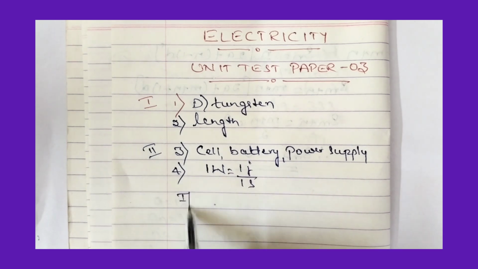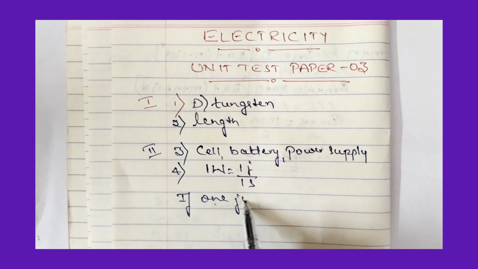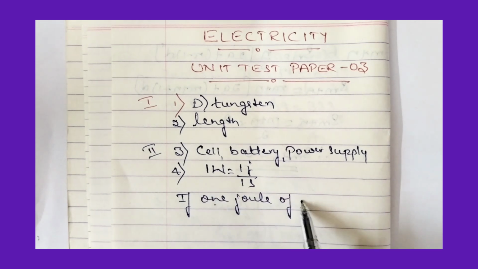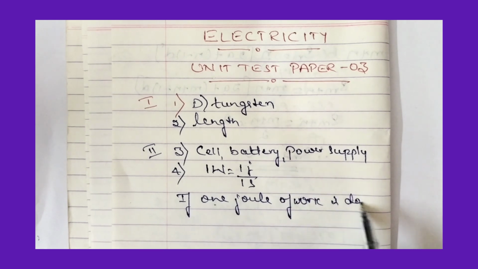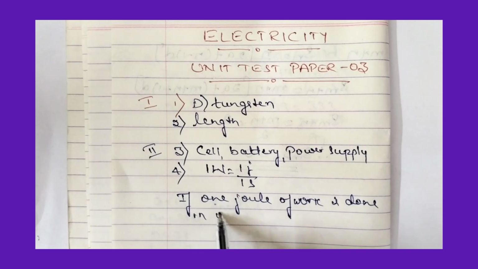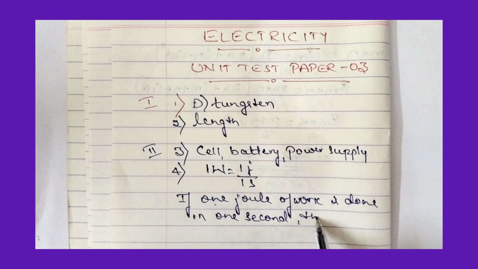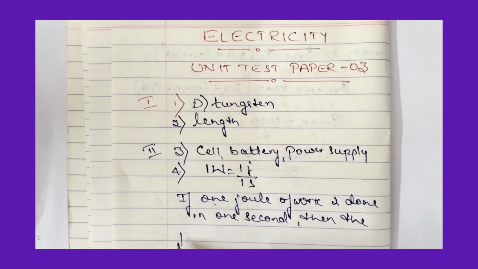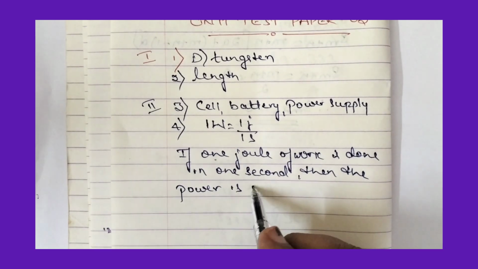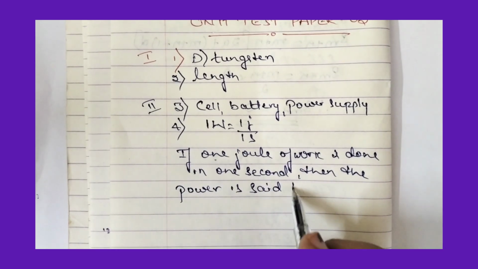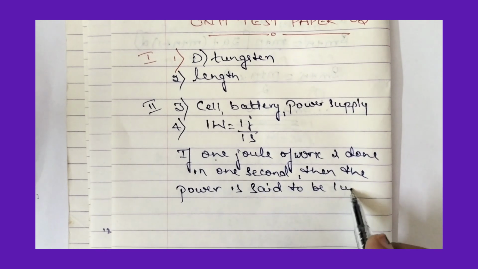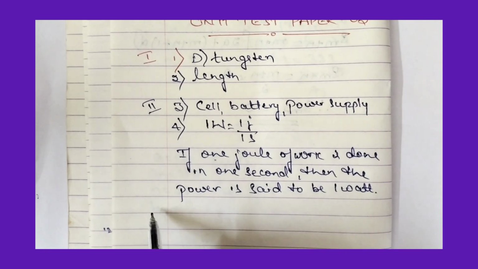That is, if 1 joule of work is done in 1 second, then the power is said to be 1 watt. So this is how to define 1 watt.